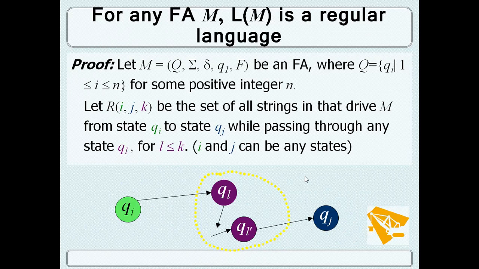Let R(i,j,k) be the set of all strings in the automaton M from state qi to state qj while passing through any state ql for l less than or equal to k, and i and j can be any states as given in the figure.